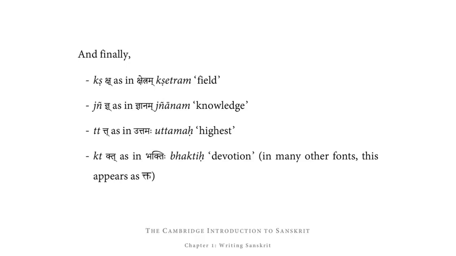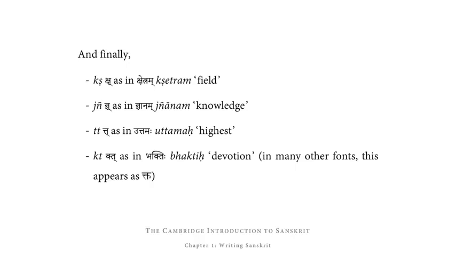And as though we didn't already have enough, there are 4 more signs that indicate 2 consonants, not one, but a combination of 2 consonants. And these are the signs for ksha, jnya, tt, and kt. The kt in the font that we will be using in this book is actually quite legible. However, in many other fonts, this will appear as a sign that on its own isn't recognizable.